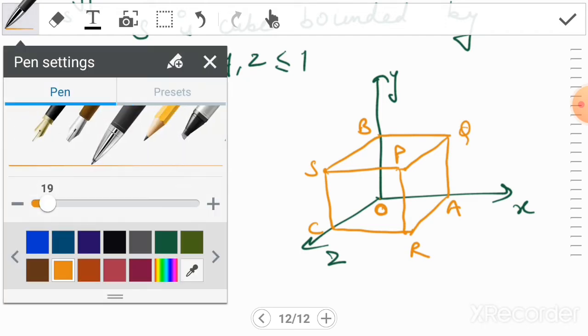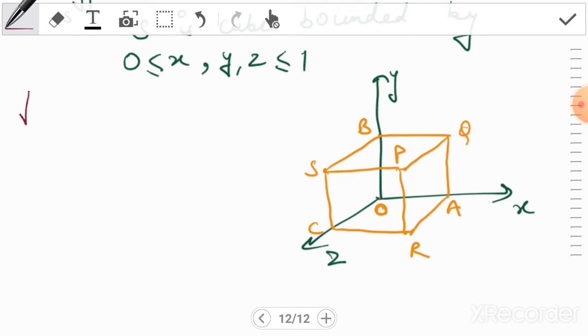So for the surface PQAR, n is the unit normal vector i. This lies in the yz plane, so the normal vector is i in the x direction, and since x does not vary, x is constant.